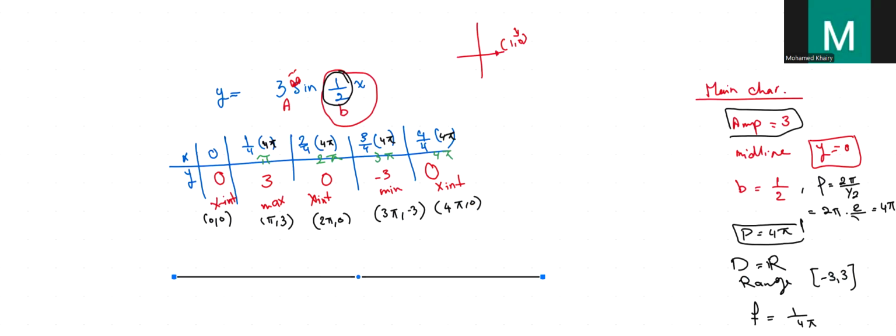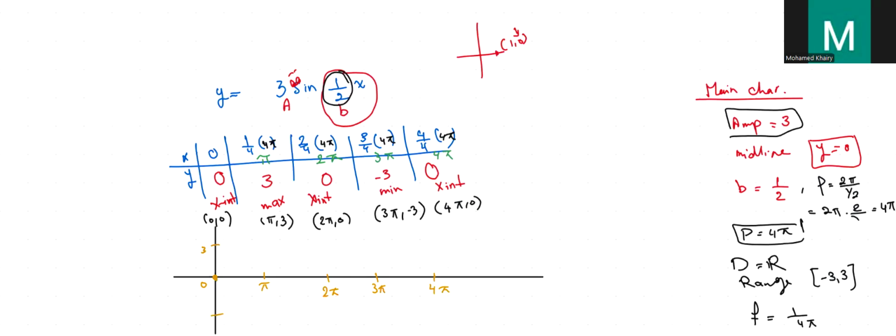Okay, let's create here our axis. Whatever we've got in our x-axis here, we are going to write it down as it is. So here I have 0, pi, 2 pi, 3 pi, 4 pi. Then here, let's say this is 3 and this is -3.